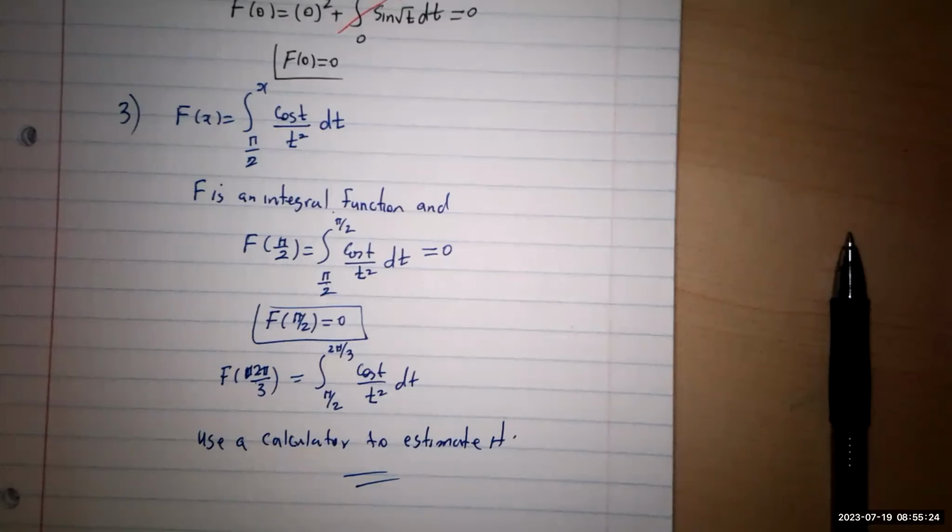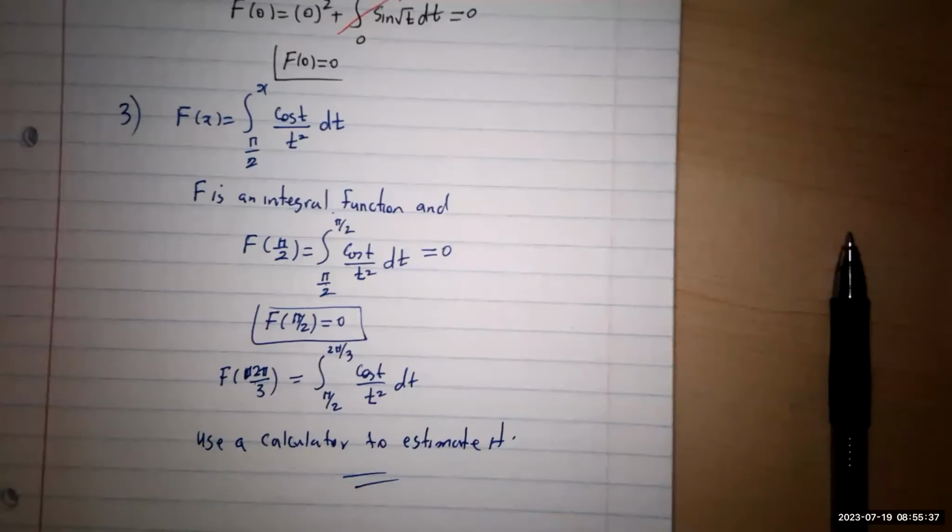In some calculus books, remember the way I proved the fundamental theorem of calculus for you, I didn't use anything other than the mean value theorem. In some calculus books, they use this idea that we have here to prove the fundamental theorem of calculus. That's why sometimes they say this is considered part 1 of the fundamental theorem of calculus.